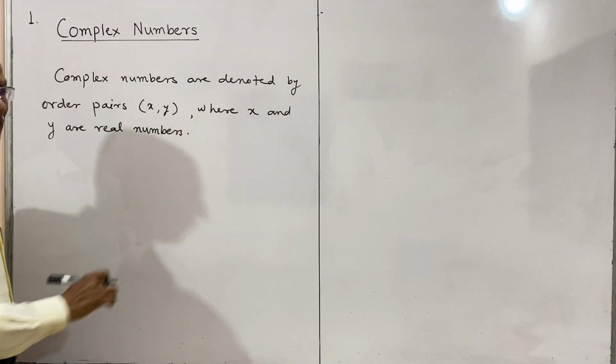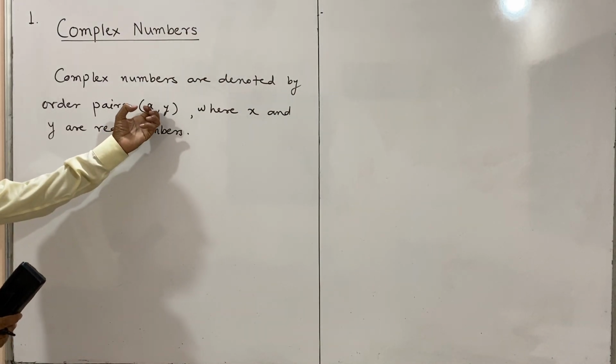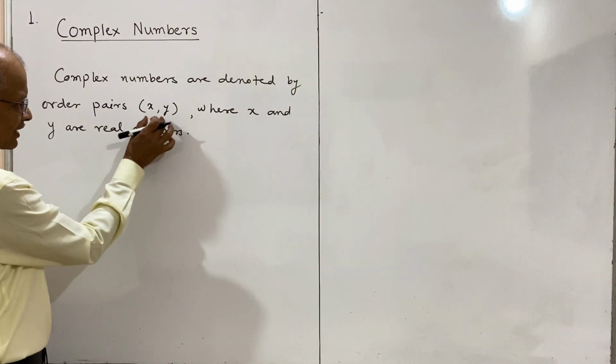So this ordered pair is a complex number. Our complex number is denoted by this ordered pair x, y, and generally we denote it by z. This is a complex number.